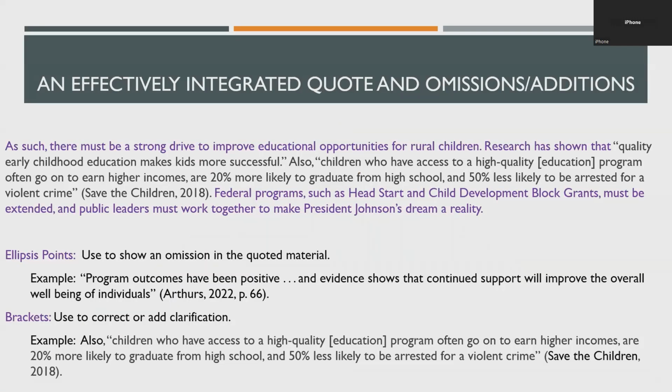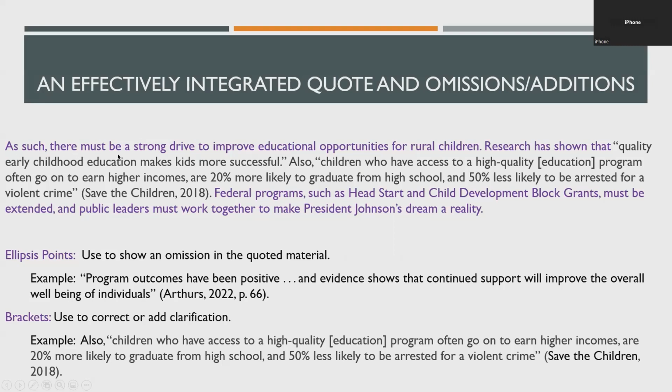And I have an example of what that looks like. So you'll notice that I have a quote in the middle of my paragraph here, but on either side of that, before and after the quote, I've provided some context and some discussion, and this is going to help my reader understand what the quote is saying and understand the larger point that I'm trying to make. So we begin with some context.